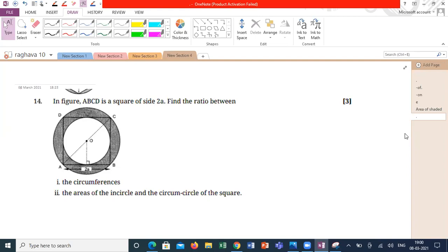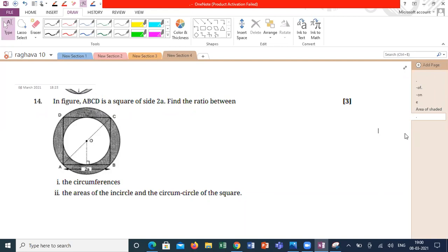How many people know the meaning of incircle and circumcircle? What is its meaning? Sandhya, any idea?